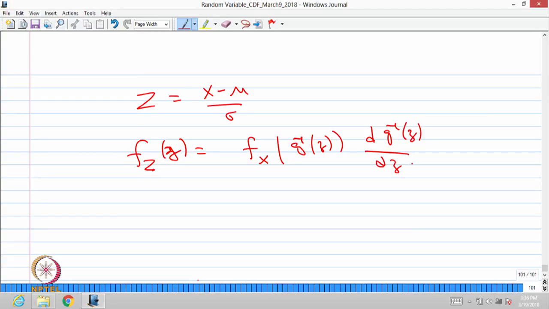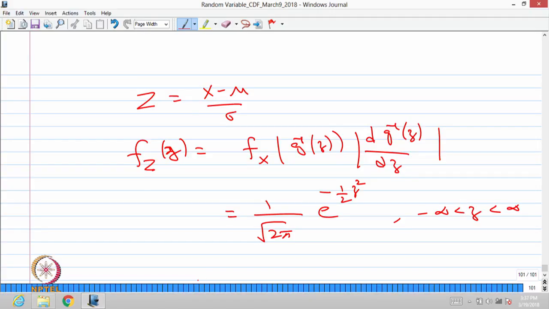So, you can get the probability density function of a standard normal, that is 1 divided by square root of 2 pi, e power minus 1 by 2 z square, where z lies between minus infinity and infinity.